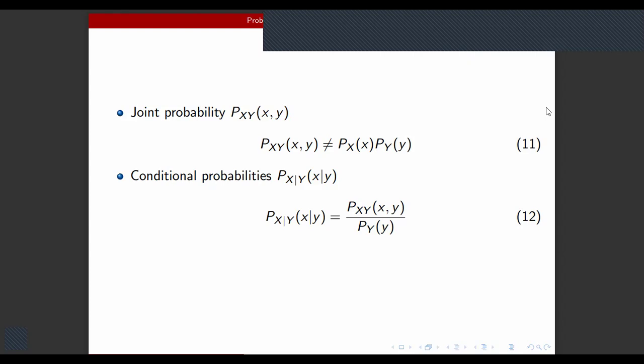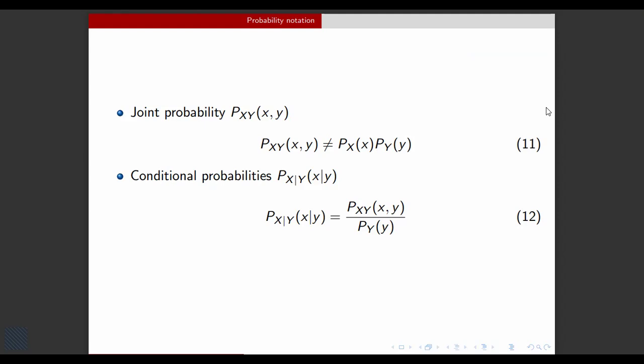Their joint probability, that is the probability of their interdependence, could be written or denoted as p subscript XY. And it is not always the case that their joint probability is in a product form. It could be in a product form when the two random variables are independent of each other, and it could not be a product form when they are not independent of each other.